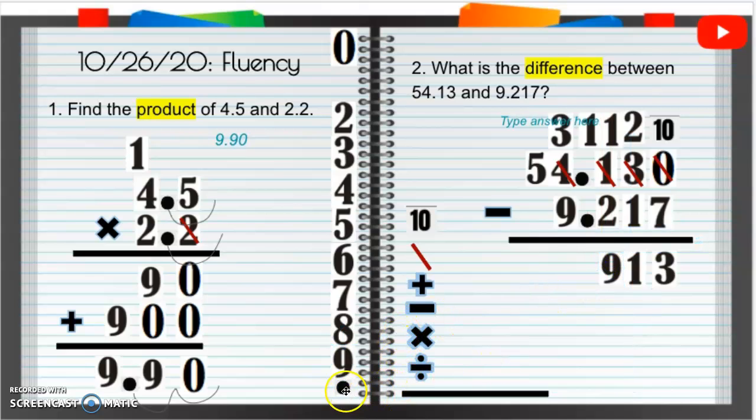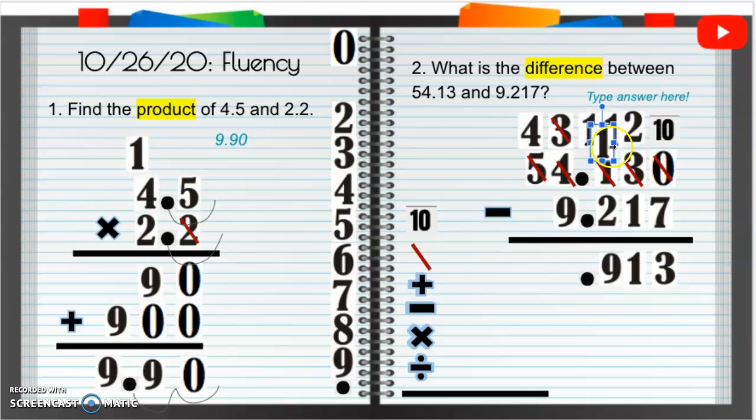What do I do with that decimal? Drop it down. Can I do 3 minus 9? No. We can't, so we have to borrow from that 5. That 5 will become a 4 to make that 3 a 13.